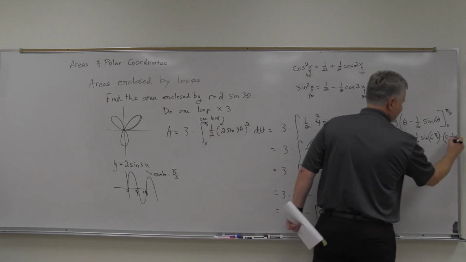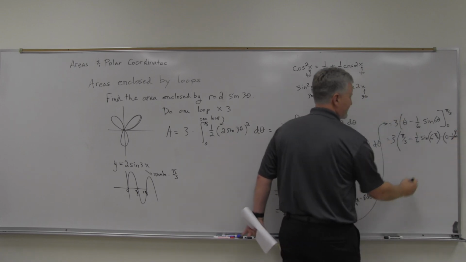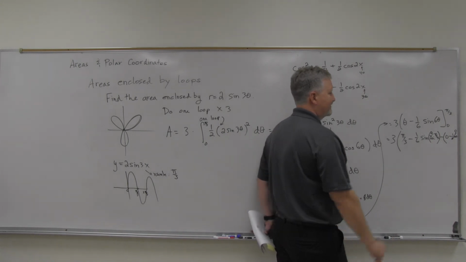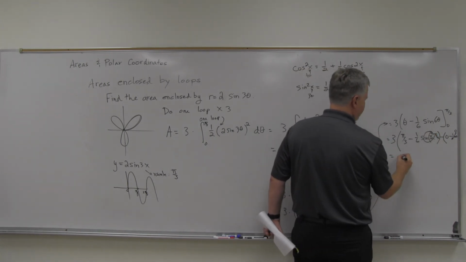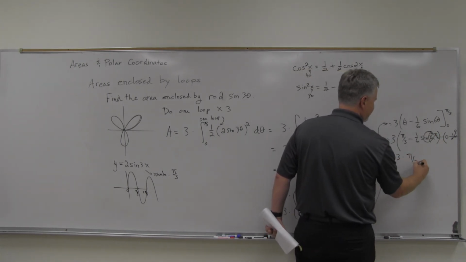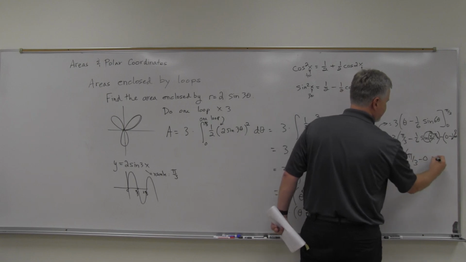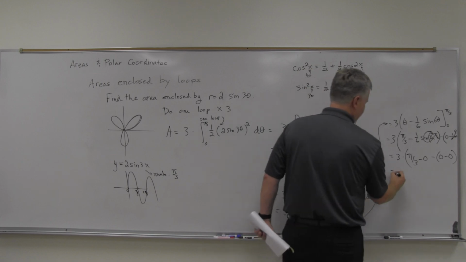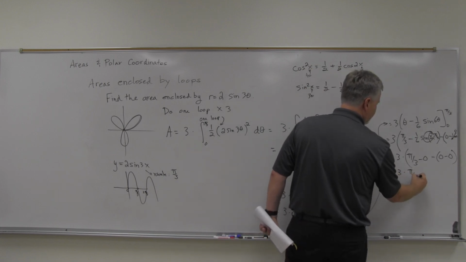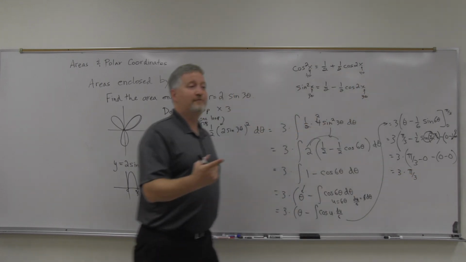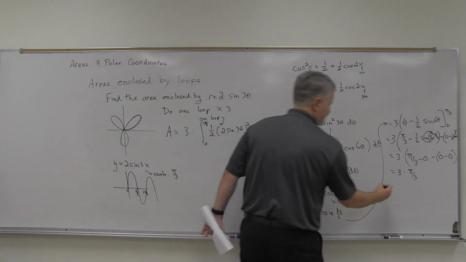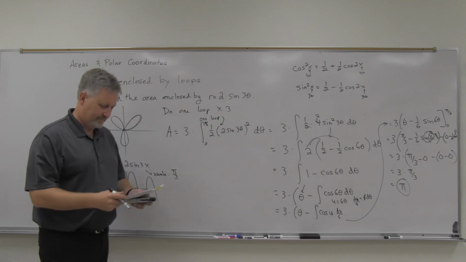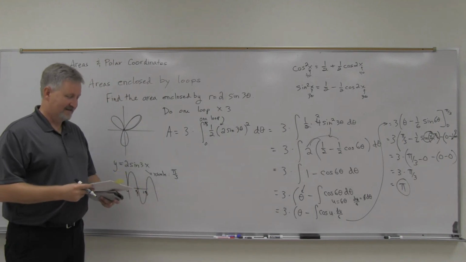That's 0. What's this? 2 pi. What's sine of 2 pi? That's 0. Okay, so we wind up with 3 times pi over 3. Everything else is zeros, right? Just pi over 3. So one loop is pi over 3, and all 3 loops is 3 times pi over 3. It's pi. Yes?